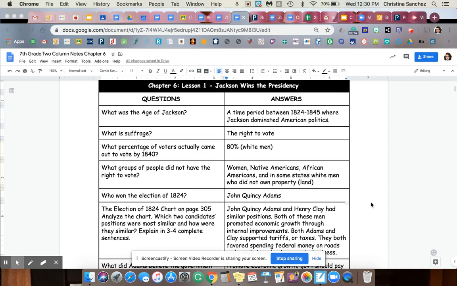So, for example, the first one: what was the age of Jackson? You should have put a time period between 1824 and 1845 where Jackson dominated American politics. By dominated, what they're saying is that he had a very large influence in how the government was being run. Also, during this time period, we're starting to see something called suffrage pop up.